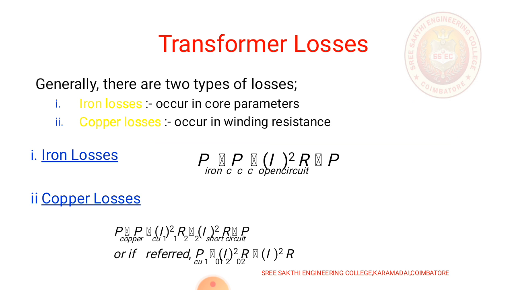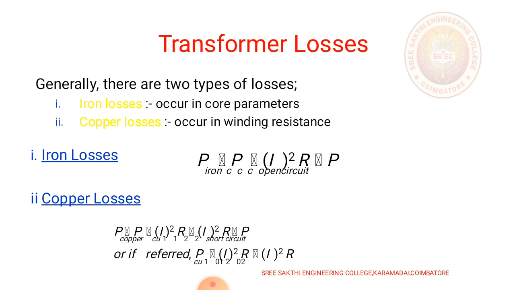Transformer losses. There are generally two types of losses. One is iron loss and another one is copper loss. Iron loss occurs in the core and copper loss occurs in winding resistance. Iron loss or core loss includes both hysteresis loss and the eddy current losses.